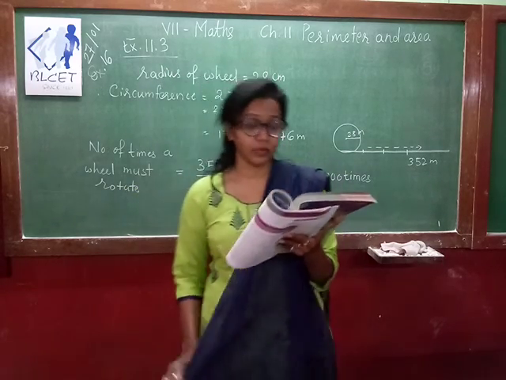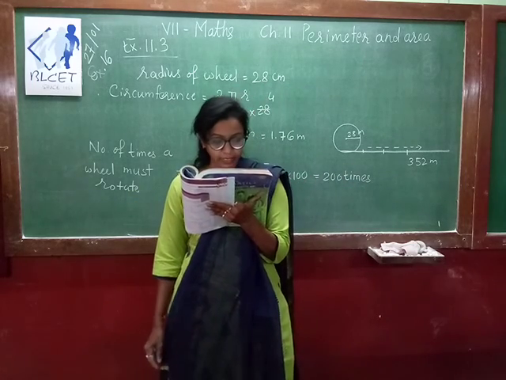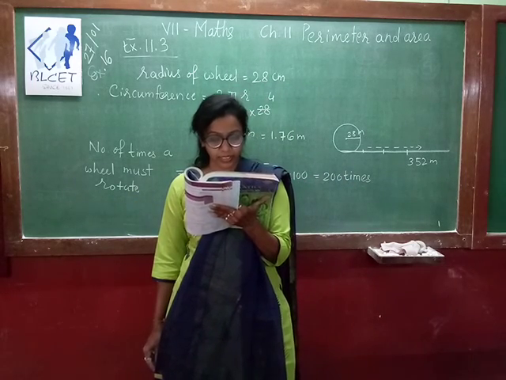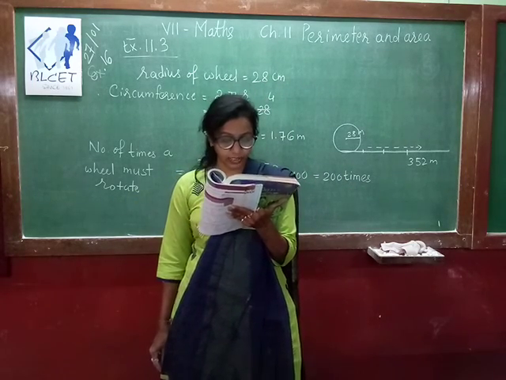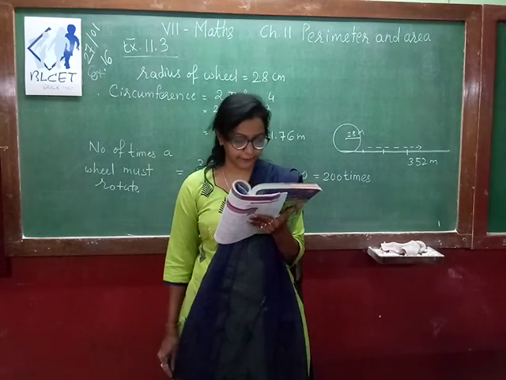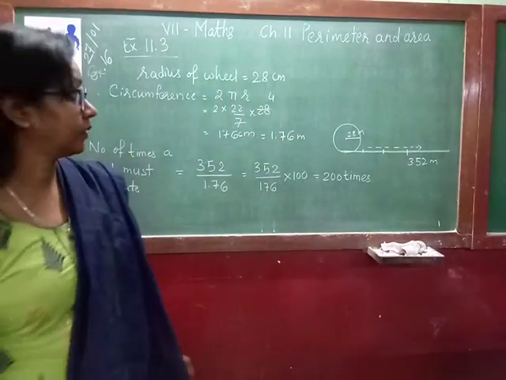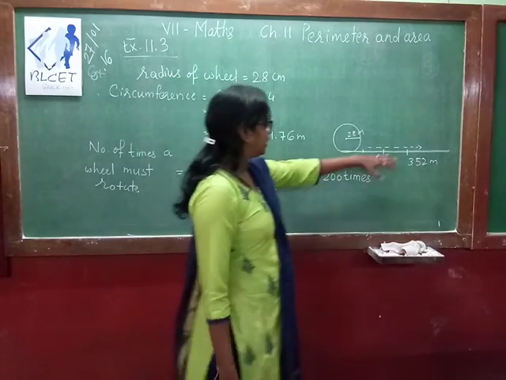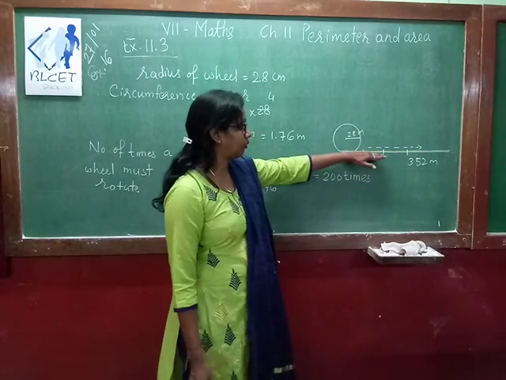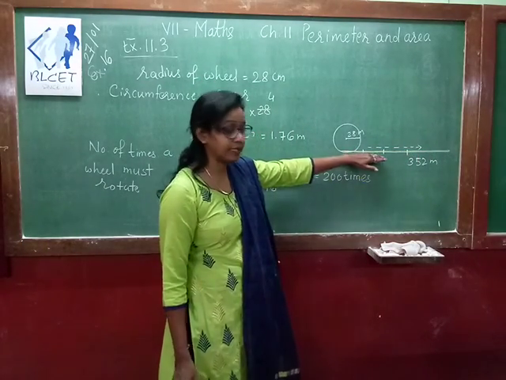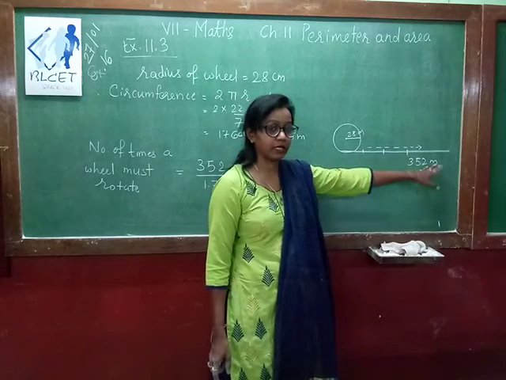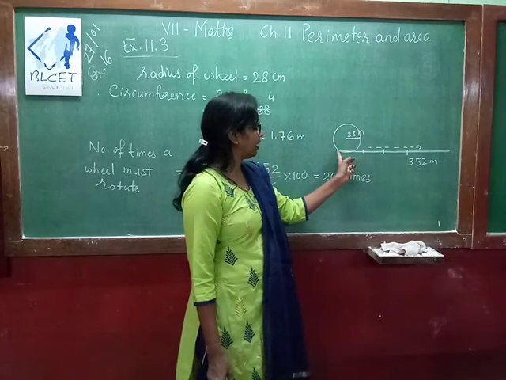Now move on to the 16th question first. How many times must a wheel of radius 28 cm rotate to go 352 meter? So what we have to do over here? If you draw the diagram, this is the path that you have to cover, and the distance is 352 meter, and this is the wheel.